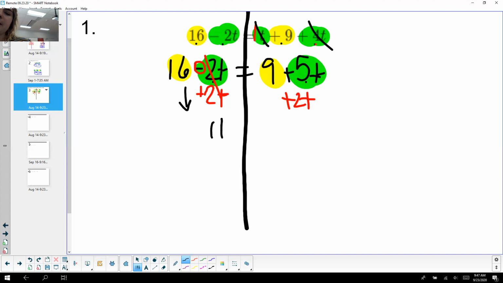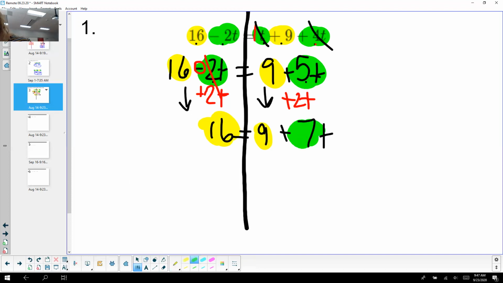I'm going to bring down my constant. I'm going to bring down my 9. And then 5t plus 2t is going to give me 7t. Now if I get my highlighter back out, I've got my constants in yellow. I've got my variables in green.